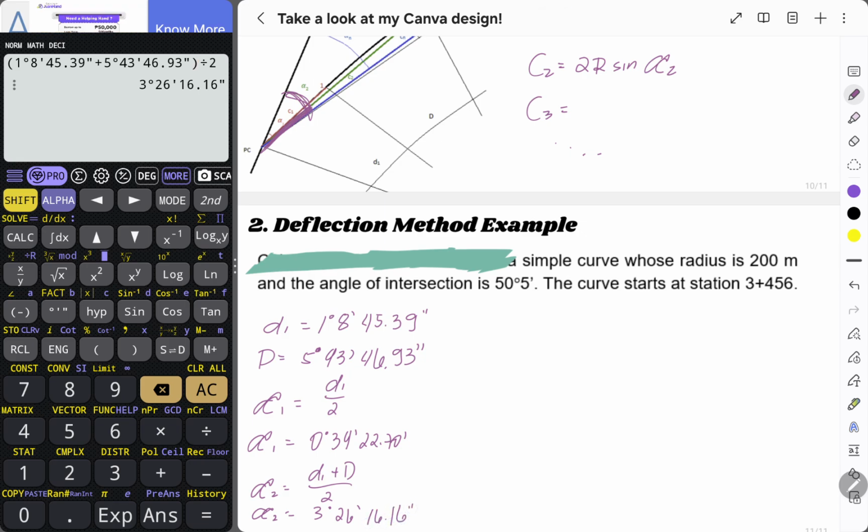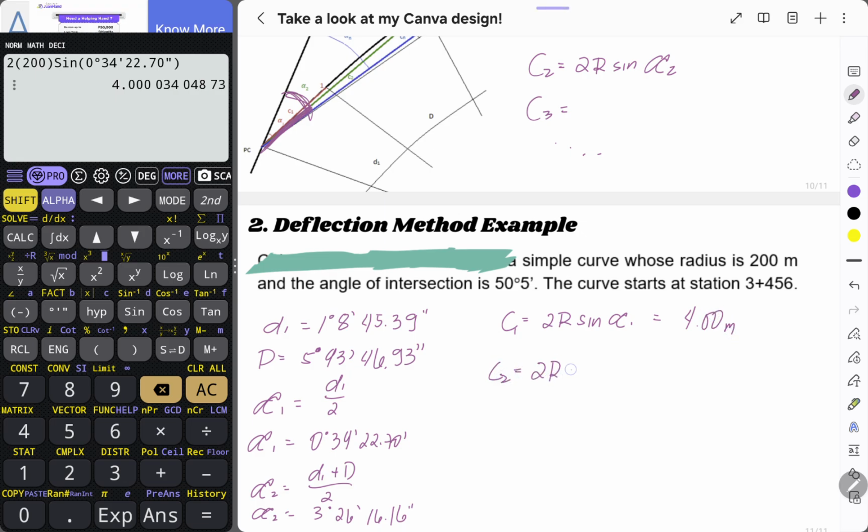Try naman natin i-solve C. C is equal to 2R, C1, 2R sin alpha 1. So, si C natin, C1 natin, is 2 times 200 sin 0, 34, 22.70 equals 4.00 meters.